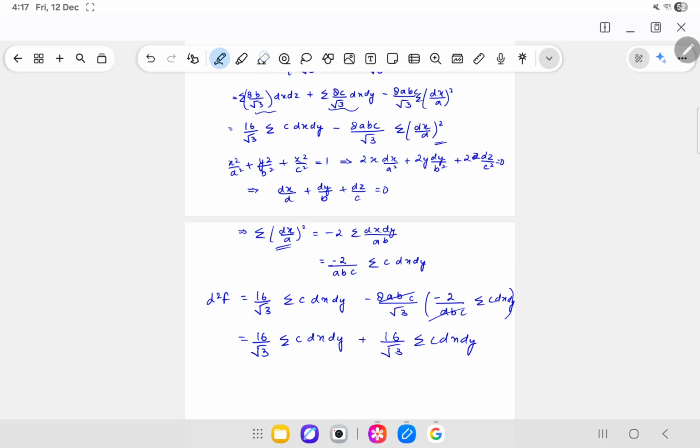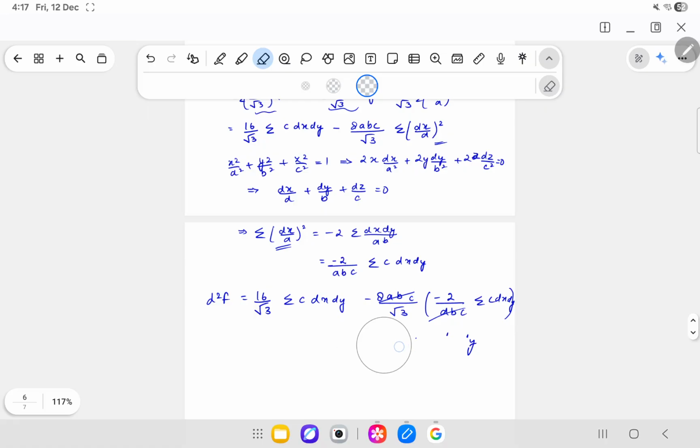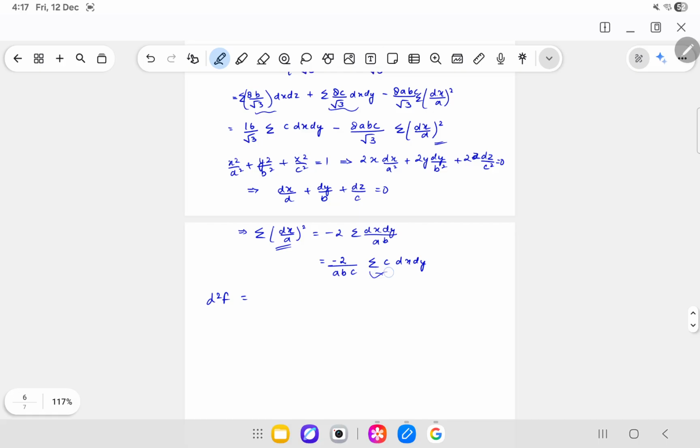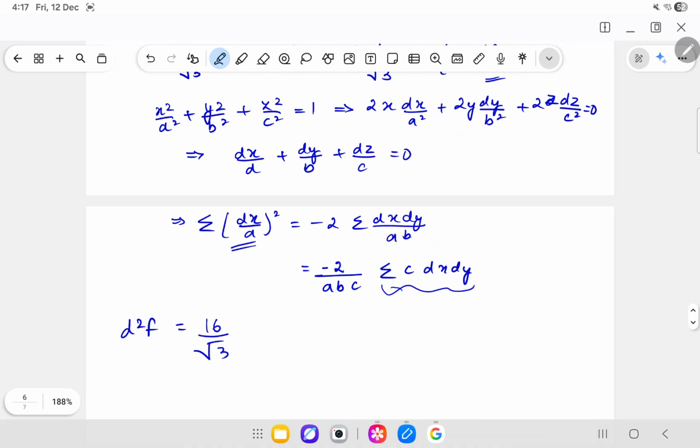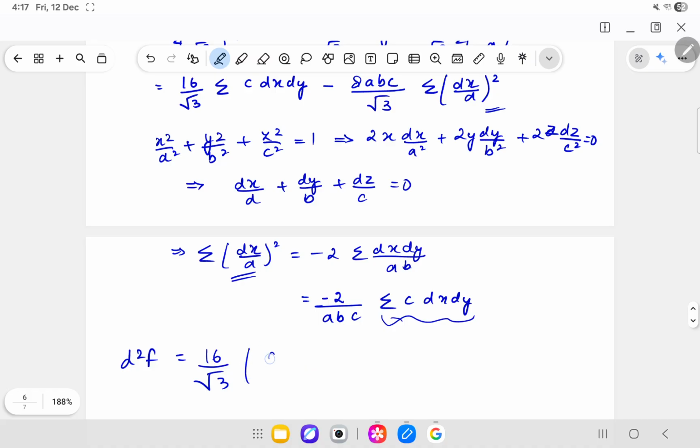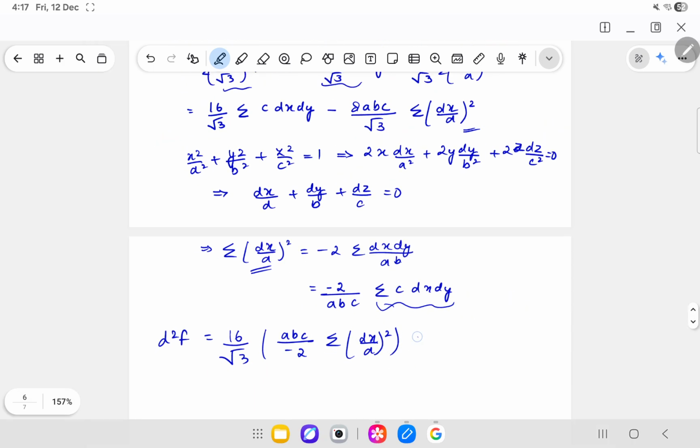Now from here let's plug in another value, because this won't guarantee us that this is greater than 0. So we'll plug in the value of this term, that is c dx dy, in order to ensure that d square f is less than 0. So it will be 16 by square root of 3 times abc divided by minus 2 summation dx by a square minus 8abc divided by square root of 3 summation dx by a square.